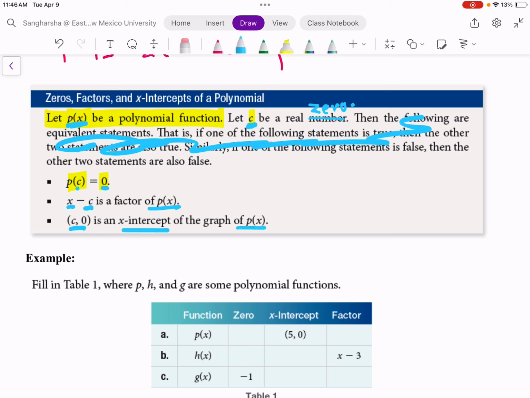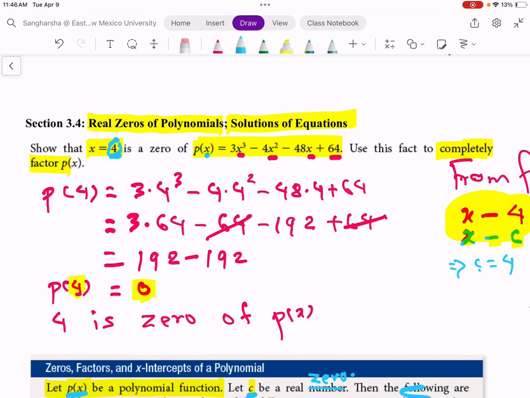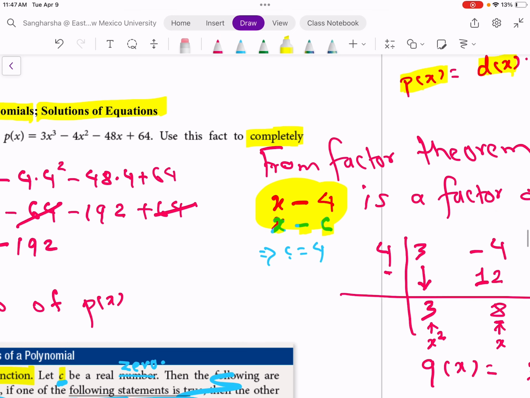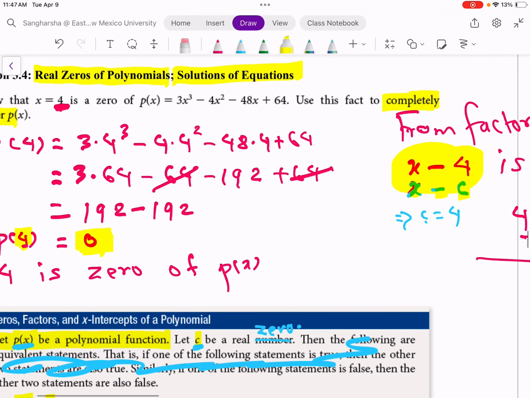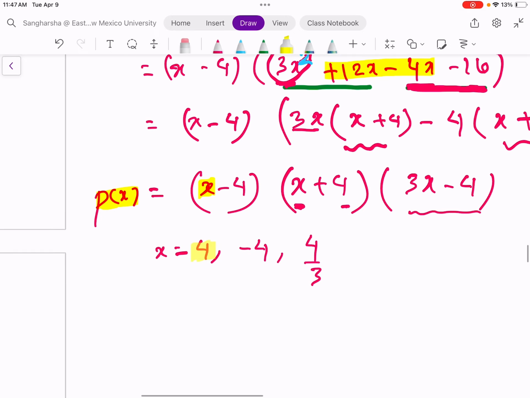Like here, if we go back to our previous example, we proved that 4 is a real 0 for this function. So we have 4 as a real 0. Our output is 0, then x minus 4 is a factor, and 4 is the x-intercept.